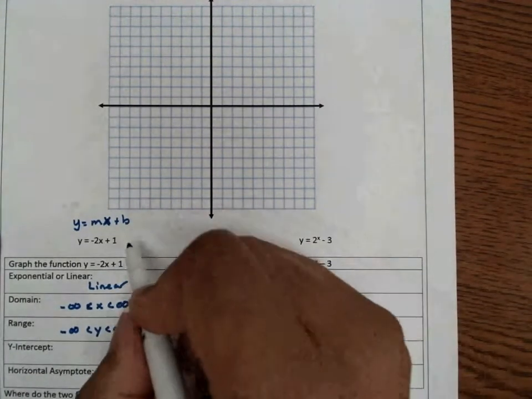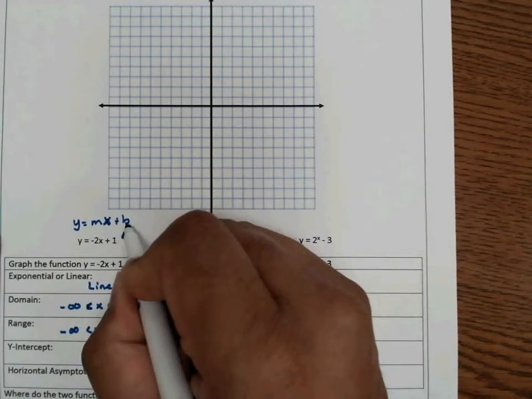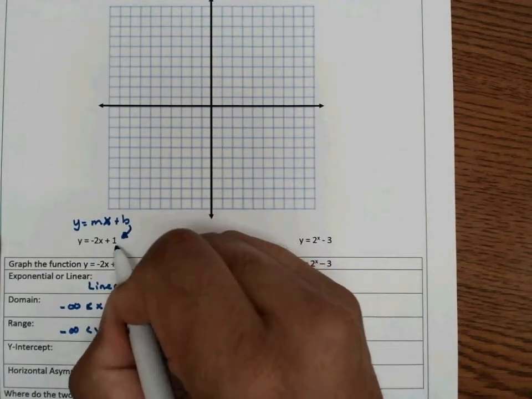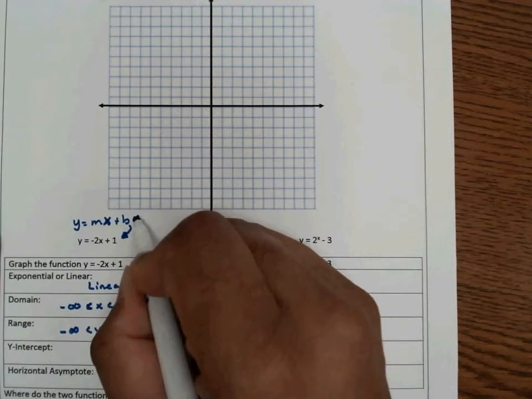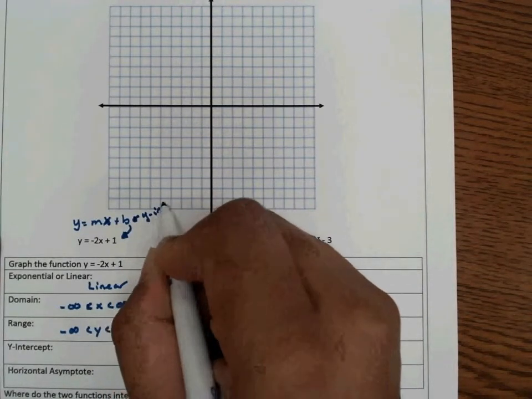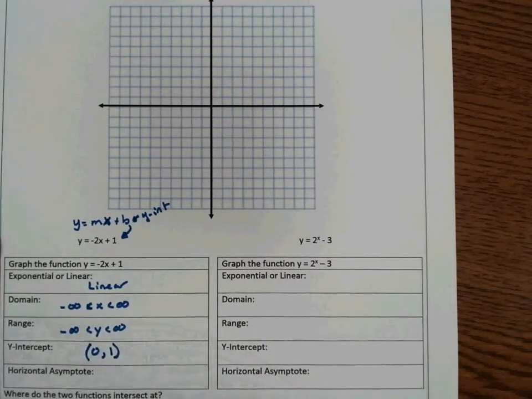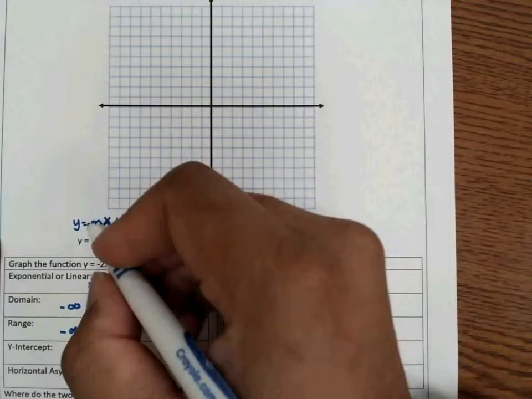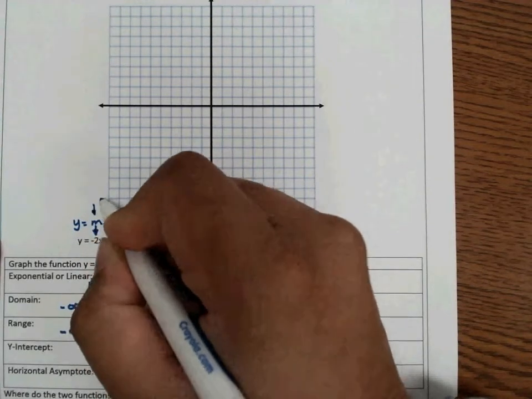Hopefully you remember from 6th grade that the b term, so this is our b term, is our y-intercept. So we know the b is our y-intercept. So I'm going to put y-intercept. So we know it's going to be 0, 1. And just for extra information, I know they don't ask for it, but remember our m is our slope.